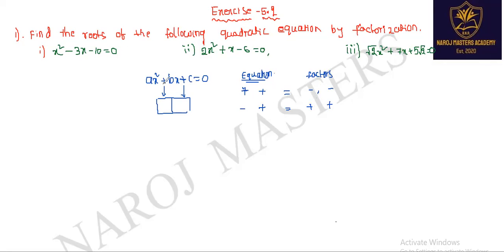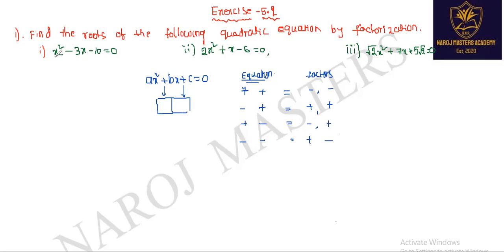If the first one is plus and the second one is minus, then the factors are minus and plus. If both are negative, then plus and minus.